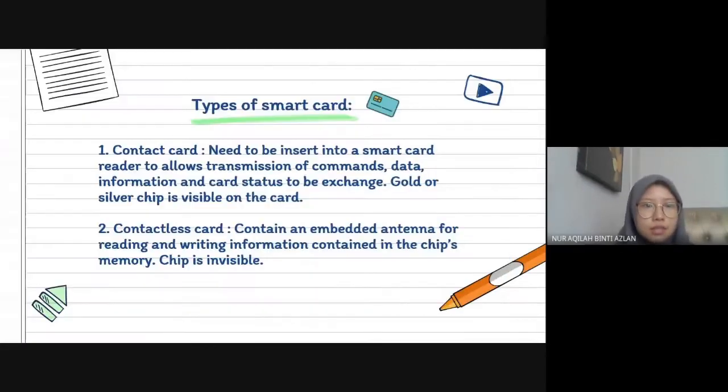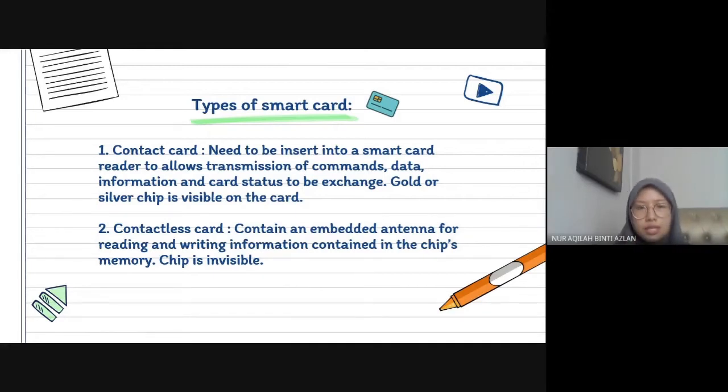Okay, next is type of smart card. There are two types of smart card which are contact card and contactless card. Contact card need to be inserted into a smart card reader to allow transmission of command, data, information and card status to be exchanged. Usually contact card ada gold or silver chip that visible on the card.